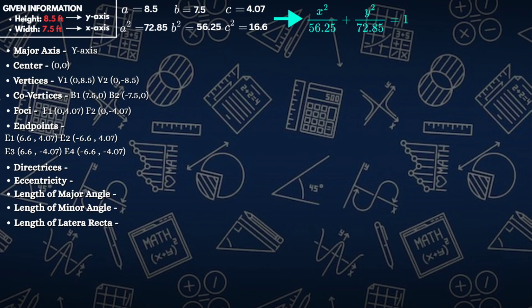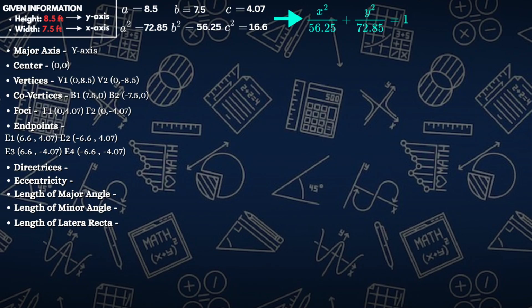That would give us 6.6, or approximately 6.61. So 6.6 is our first coordinate for the x-axis. For the y-axis, let's just add k plus c. Our k is 0 plus the value of c, which is 4.07. Therefore, 0 plus 4.07 is 4.07. So our endpoint 1 is correct.